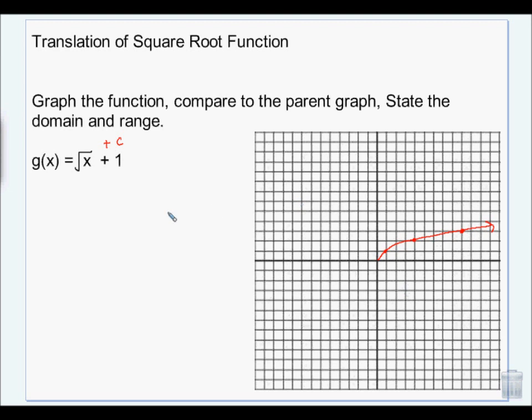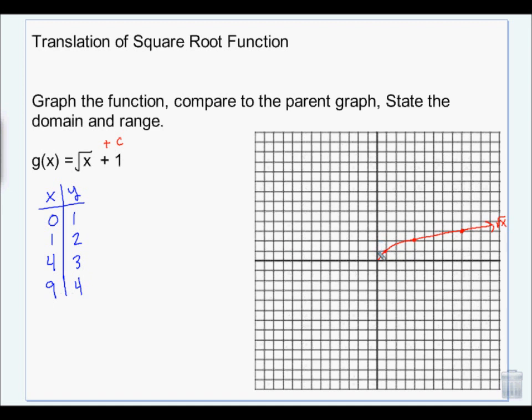Okay, so this is just square root of x. If I do 0, I get the square root of 0, which is 0, plus 1, so I get 1. Square root of 1 is 1 plus 1, so that's 2. Square root of 4 is 2 plus 1, which is 3. Square root of 9 is 3 plus 1, which is 4.